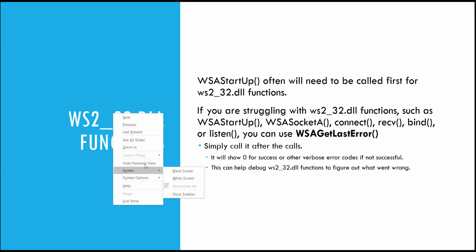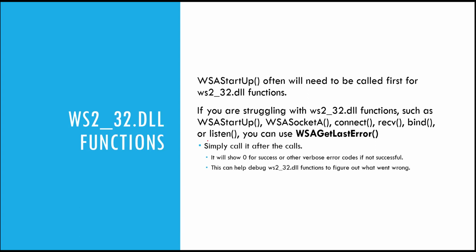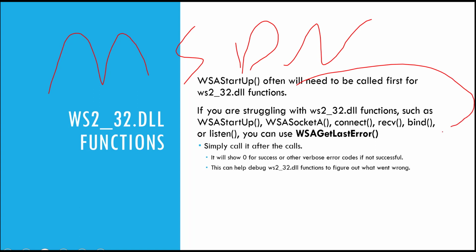Of course, let me get my pen here. I'm using my finger here. You can use MSDN as a great resource to find information on all of those functions and the parameters. It'll give you everything you need to know.